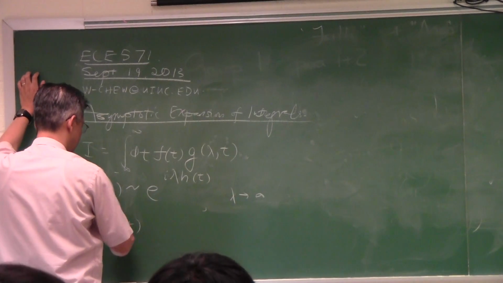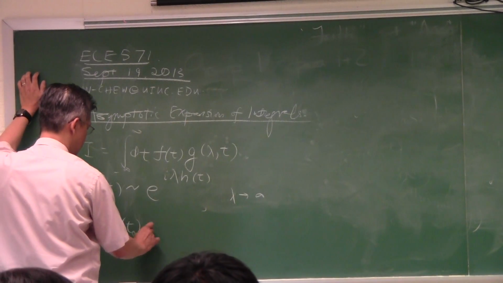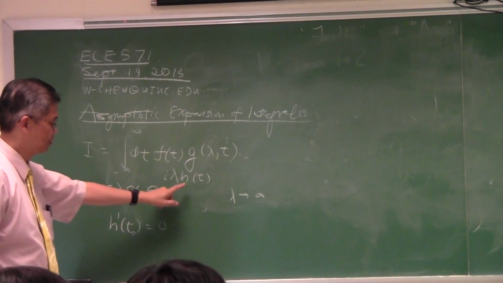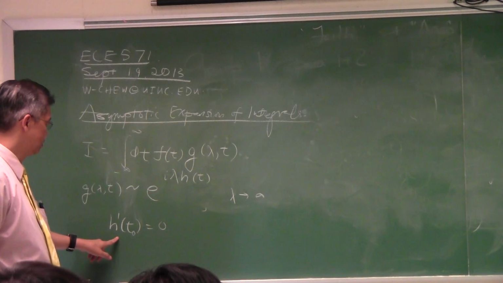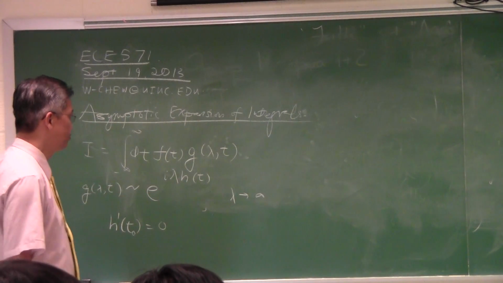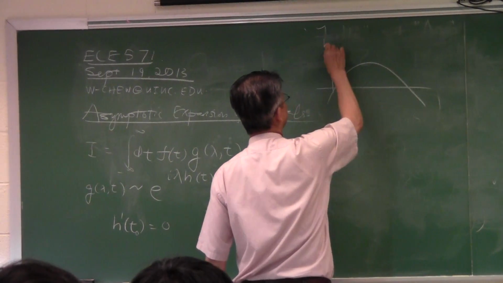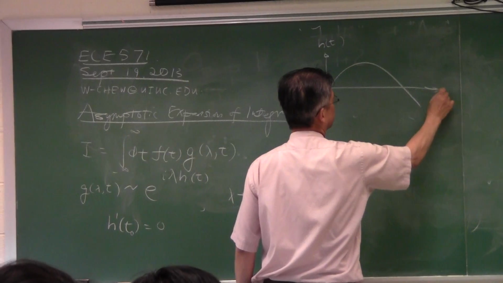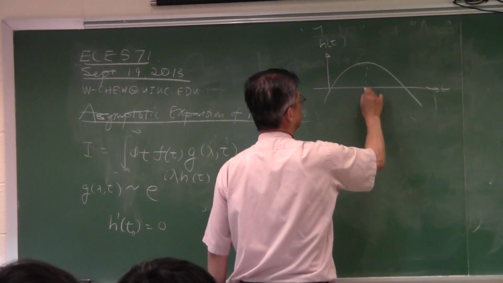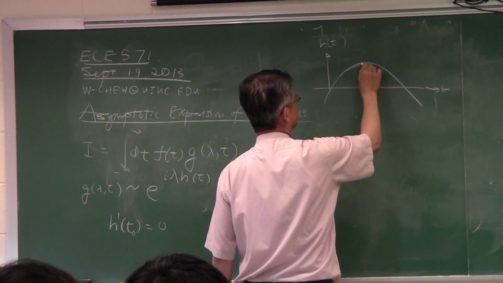So what you do then is to find the stationary point of the function in the exponent. If this is the stationary point, then we have this property that h(t) will be slowly varying around this point.